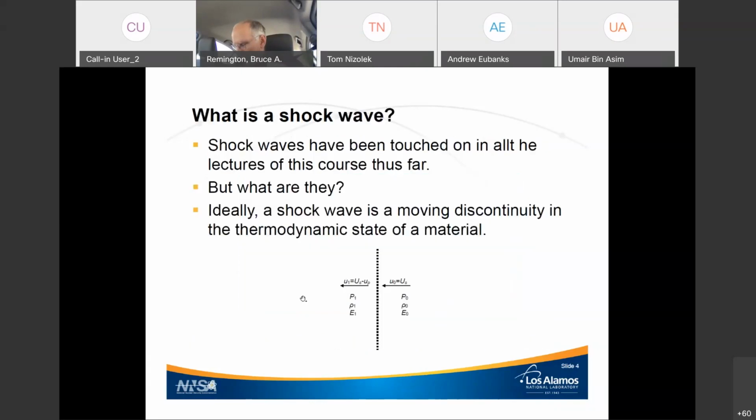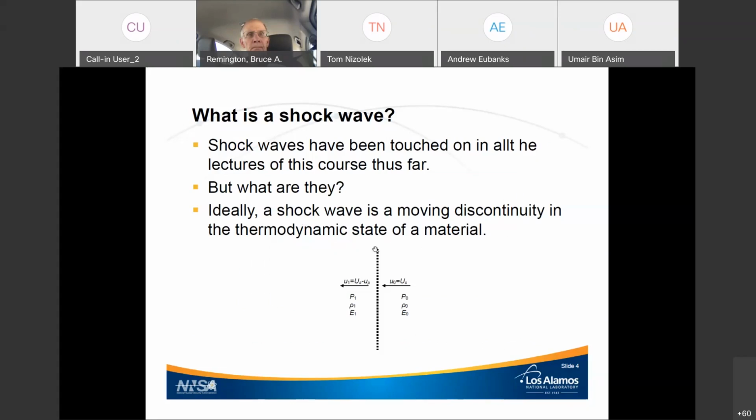So let's start off with exactly what a shock wave is. Shock waves have been touched on in the other lectures, but we haven't really said what they are. Speaking ideally, a shock wave is a moving discontinuity in the thermodynamic state of a material.